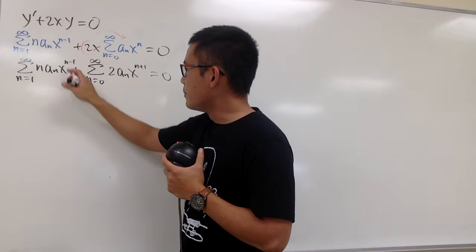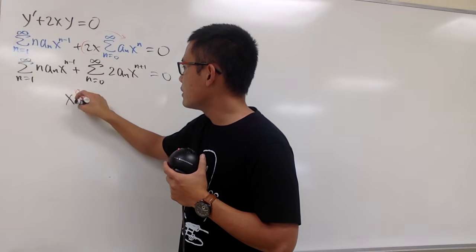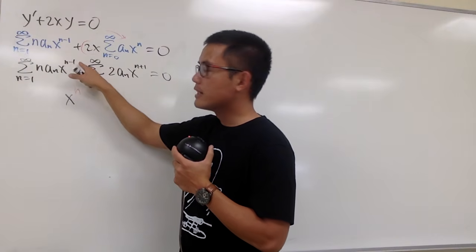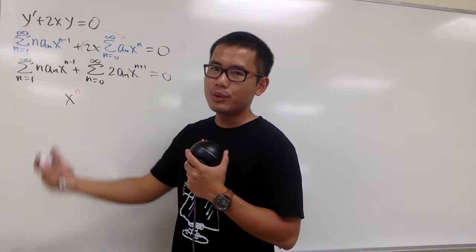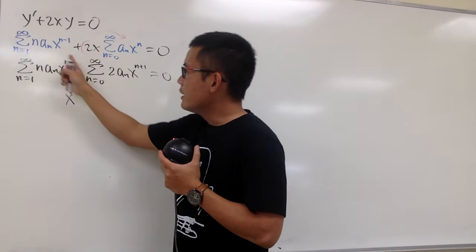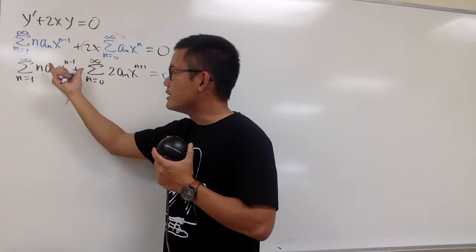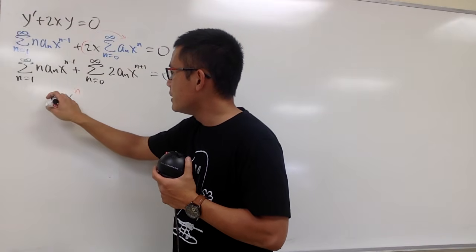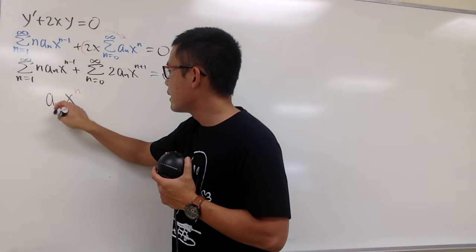Well, in order for me to make this into x to the nth power, as we can see, originally we had n minus 1, and now this is n. What I did is I just add 1 to the n, isn't it? For this formula right here, whenever we see the n, we are going to add 1 to it. So right here, this is going to be a_(n+1), all right?